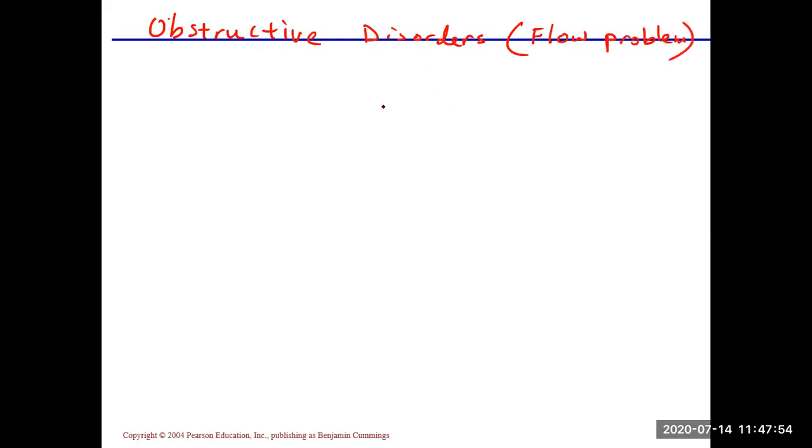And sometimes this is also known as COPD, chronic obstructive pulmonary disease. Why is it obstructive? Because something is obstructed. We don't know why. Could be numerous problems. But if you have a flow problem, that would be obstructive disorder.